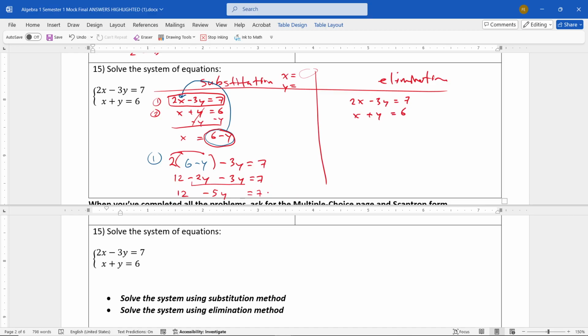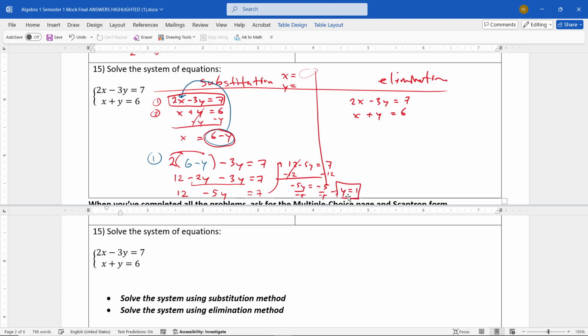I'll continue over here. So I have 12 minus 5y equals 7. Subtract 12 from both sides. We got negative 5y equals 7 minus 12, which is negative 5. Divide by negative 5 to both sides, and we end up with y equals 1.